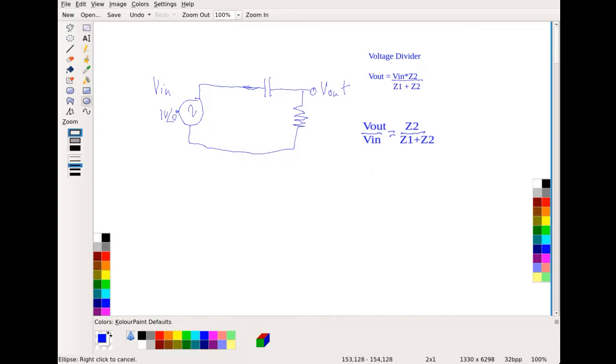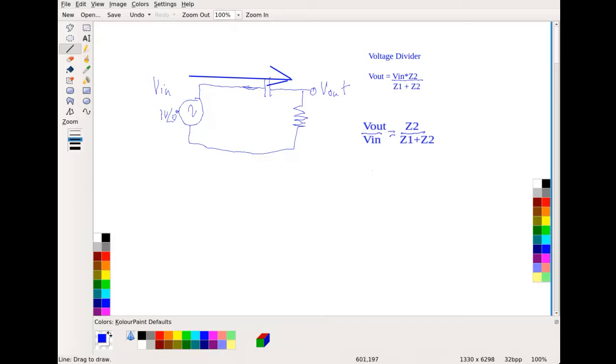You see here we have Vin, our source voltage, and just for convenience I made this 1 volt with an angle of 0 degrees. So it's an AC 1 volt angle 0 degrees, and it feeds current through the capacitor.